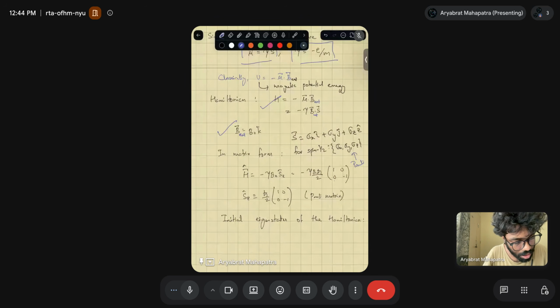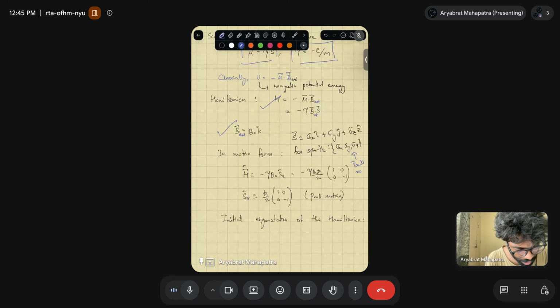You can write its different components in terms of sigma x, sigma y, sigma z. If you take the dot product, it will give H equals minus mu dot B external.